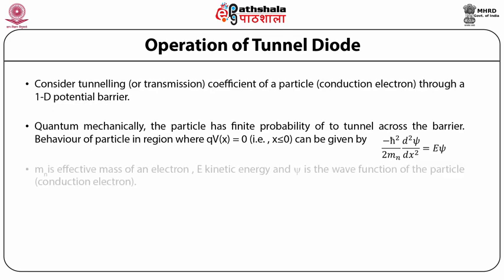Now here mn is the effective mass of an electron, E is the kinetic energy, and psi is the wave function of the particle or the conduction electron.